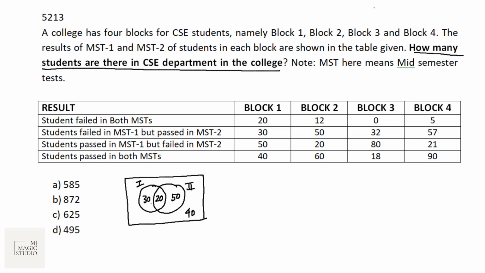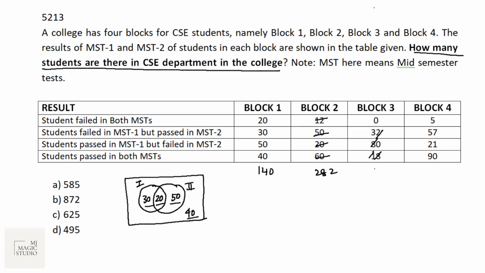So we can see that the total number of students in block 1 is nothing but adding up all the 4 values. We need to add up everything, and that will be the answer, the total number of students in the college. 50, 50, 100, 120, 200, 270, 282.